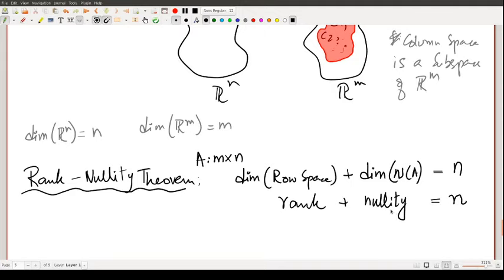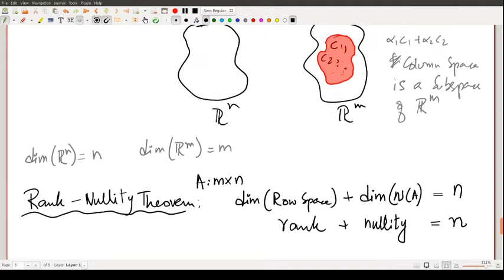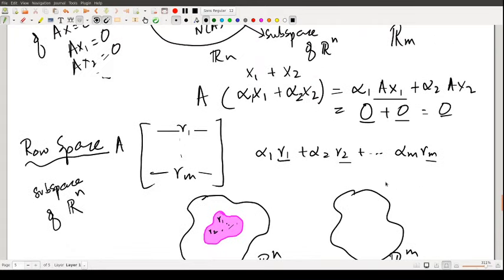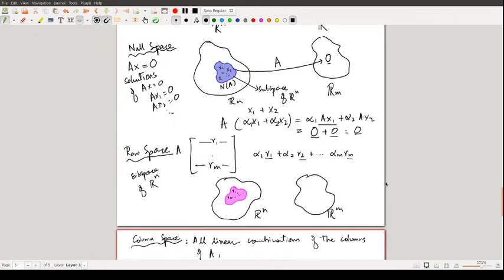So rank plus nullity is equal to n, which is interesting in terms of these two pictures that I have drawn here.